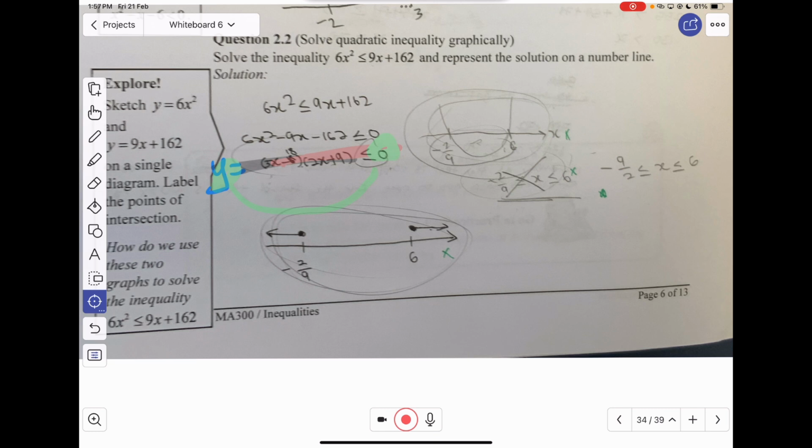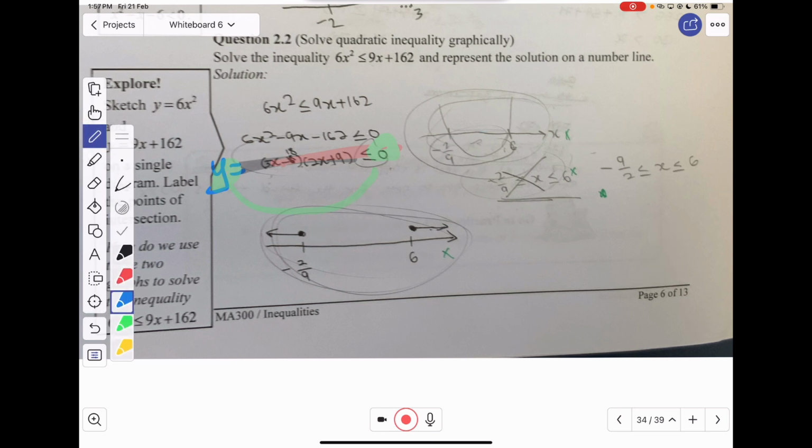Let me answer the question very fast. If y is equal to this function, and this function is less than 0, am I right to say I want y less than 0 also? Okay, so y less than 0 is where?